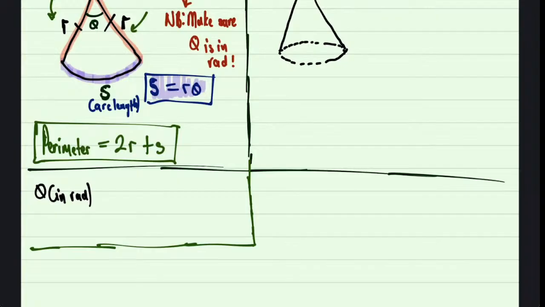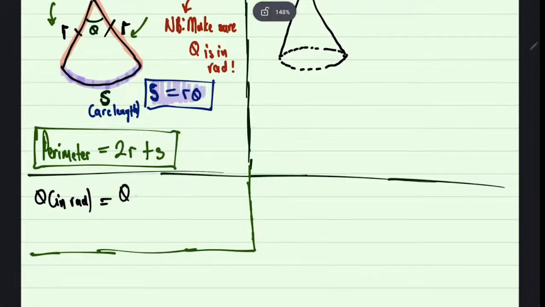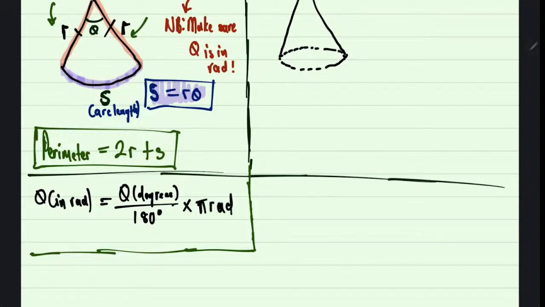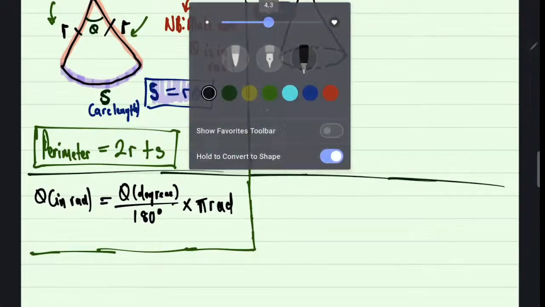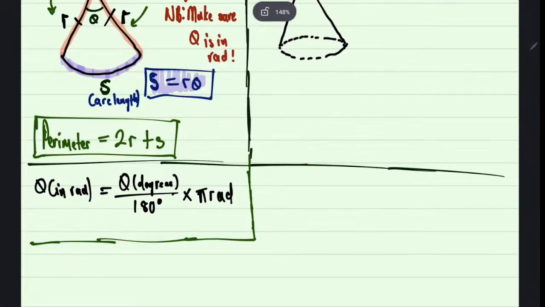So you say theta in rad is equal to theta in degrees divided by 180 degrees, so you are removing degrees. Then you multiply by pi rad. Now you will have your theta in rad.